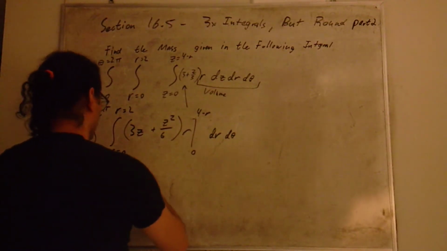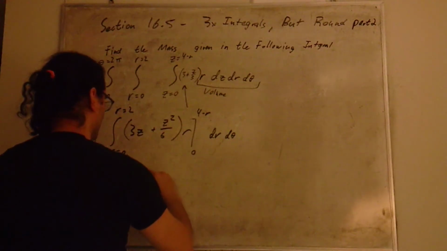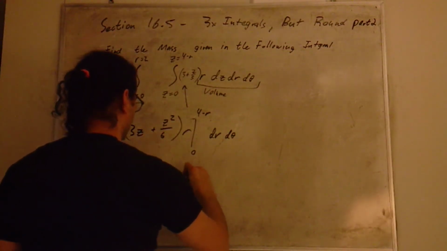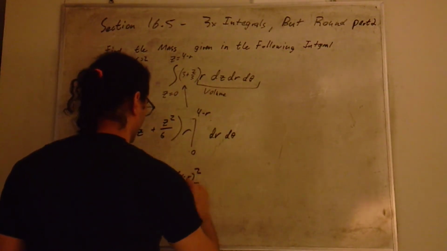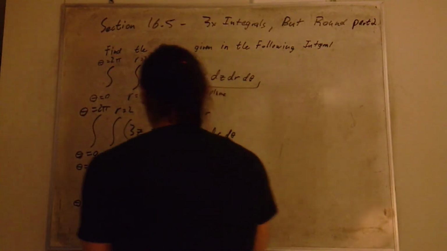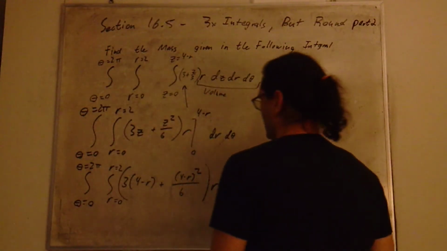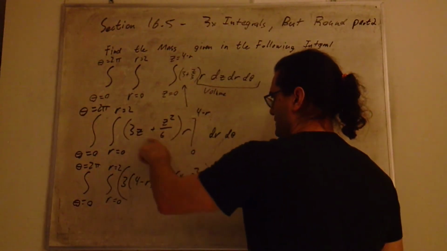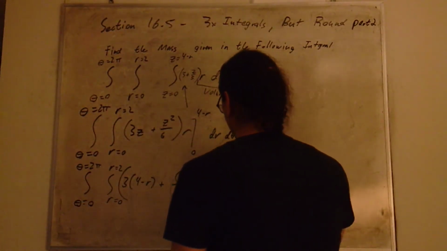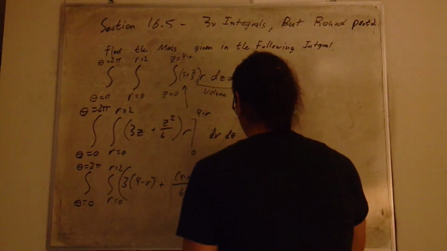This is going to be 3 times 4 minus r plus 4 minus r squared over 6, all multiplied by r. When we plug in 0 for z, it all zeroes out to nothing. So dr d theta.